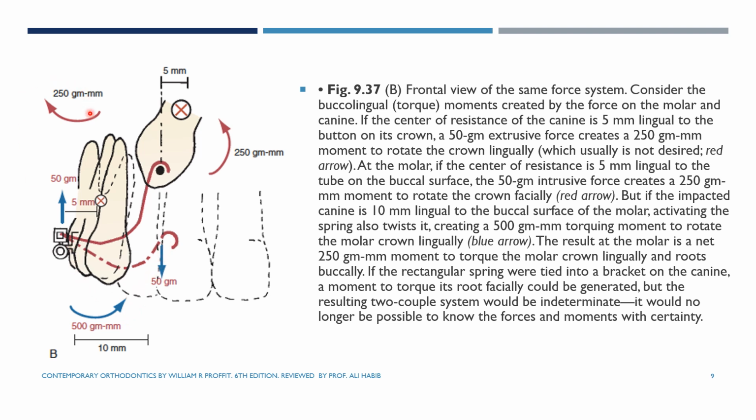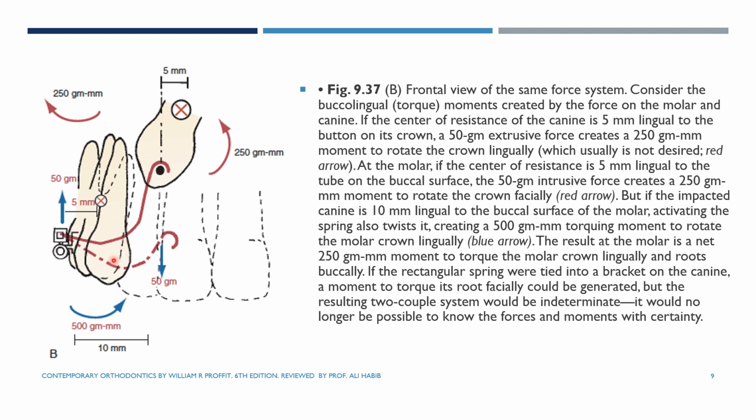So while the tooth is feeling 250 gram millimeter this direction, which is due to the intrusion force in this view on the molar, there will be an opposite or counterclockwise moment equal to 500 gram millimeter in this direction.